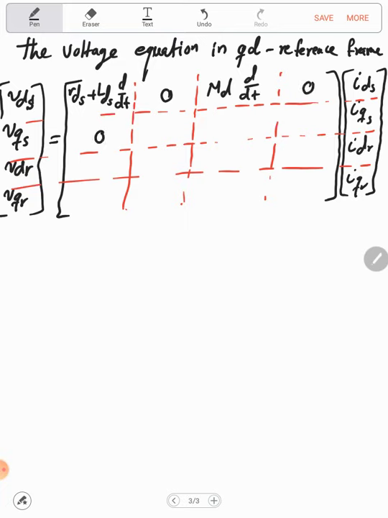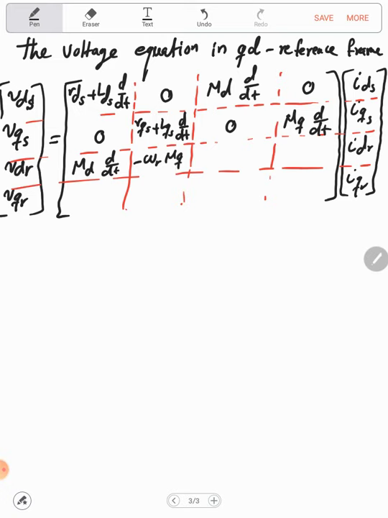Here we have 0, RQS plus LQS d by dt. Here we have 0. Here we have MQ d by dt. Here we have MD d by dt, minus omega r MQ.